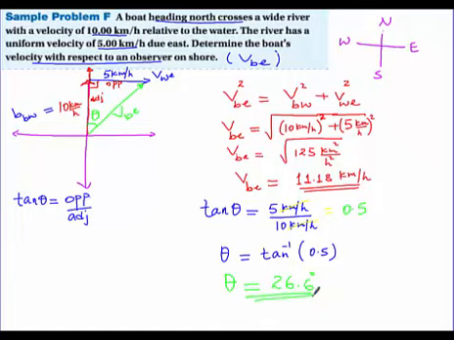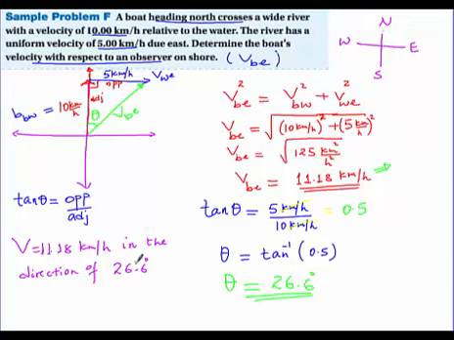So the velocity of the boat is 11.18 kilometers per hour, in the direction of 26.6 degrees east of north.